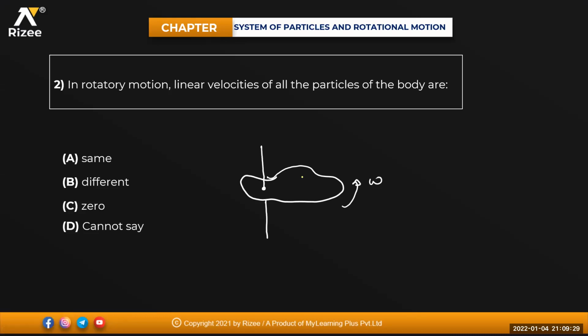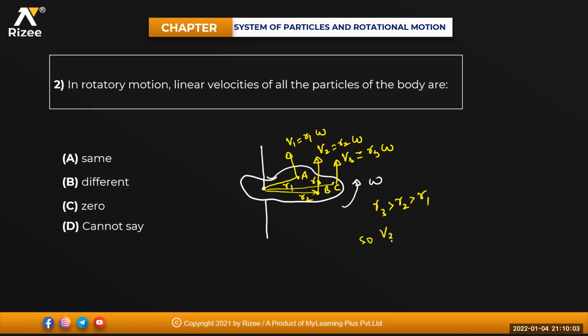If I take different points in this one, beta, this is point A, this is point B, this one is point C. Point A is at distance R1, point B at distance R2, point C at distance R3. So if I'm writing the linear velocity, V1 is equal to R1 into omega, V2 is equal to R2 into omega, and V3 is equal to R3 into omega.